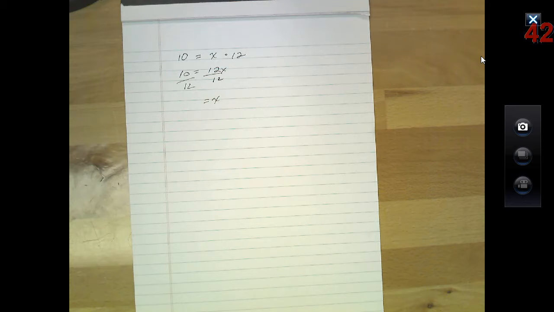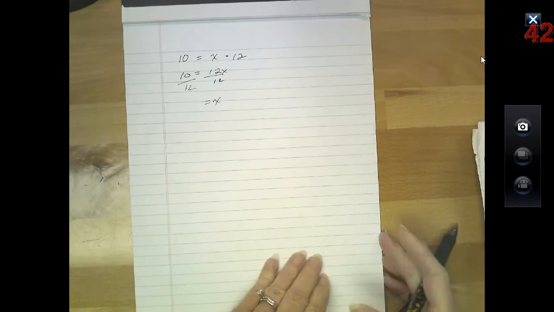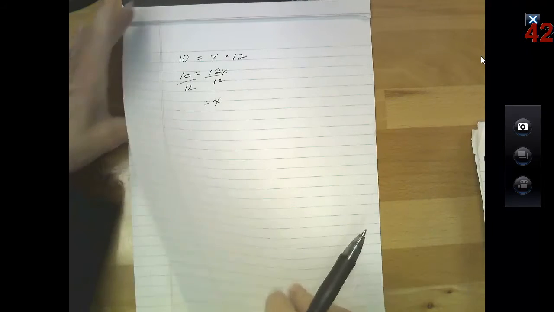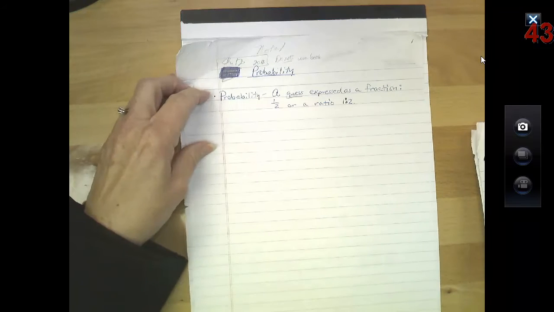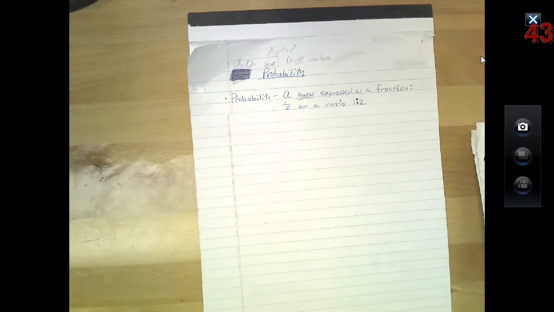Now the next thing that we're going to do, if I can find my notes, is probability. Probability is in Chapter 12, and probability is a guess expressed as a fraction. This part will not be as hard as the last part was, hopefully.